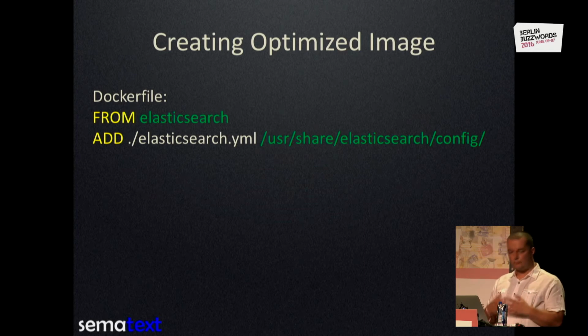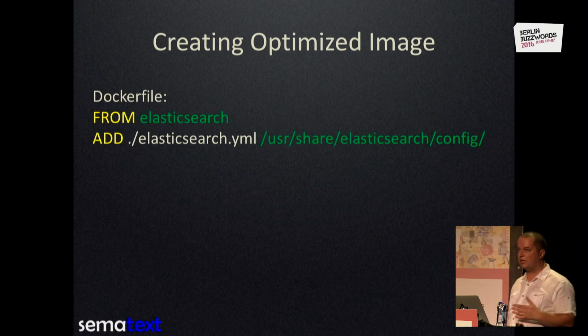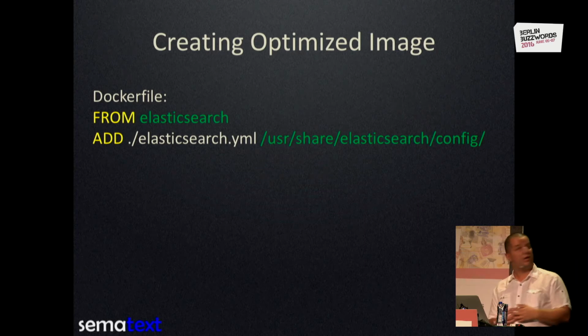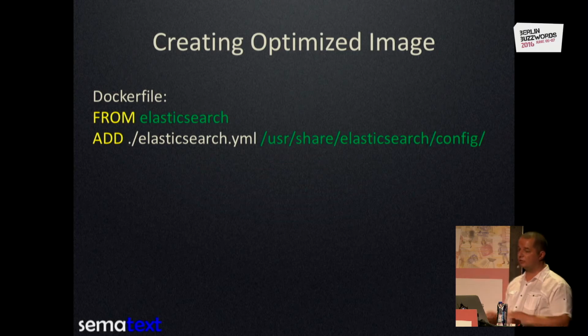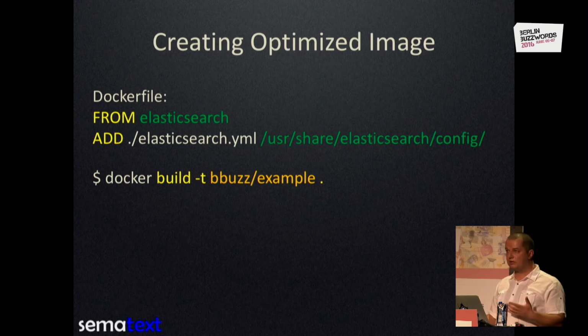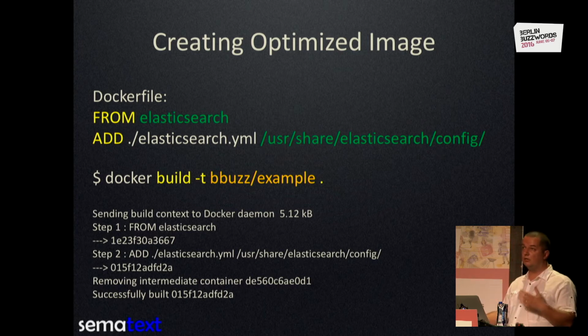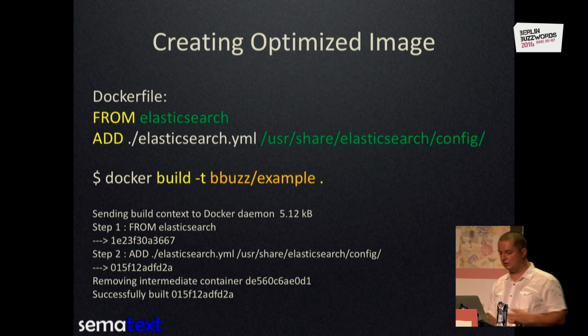FROM elasticsearch means that it is from the official ElasticSearch container, and we will add a local file called elasticsearch.yml and put it in the configuration directory of the container. Then a simple build command will give us the ability to build the container and run it without further modifying that. Those were two things, so configuration and constraints.